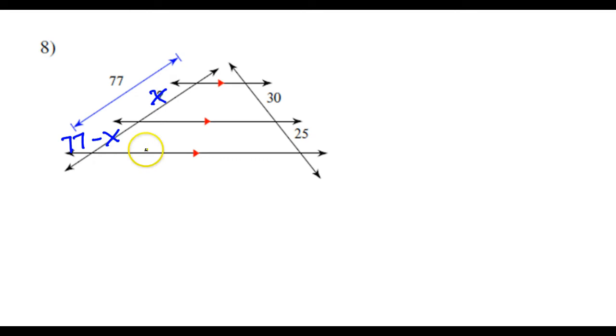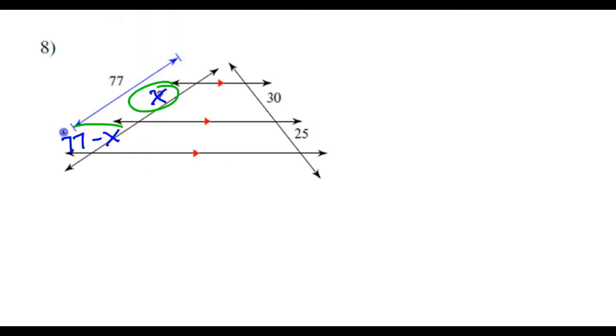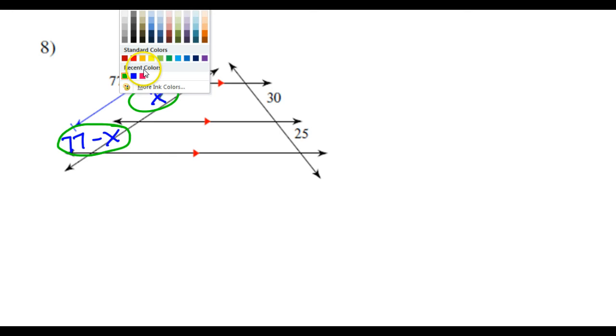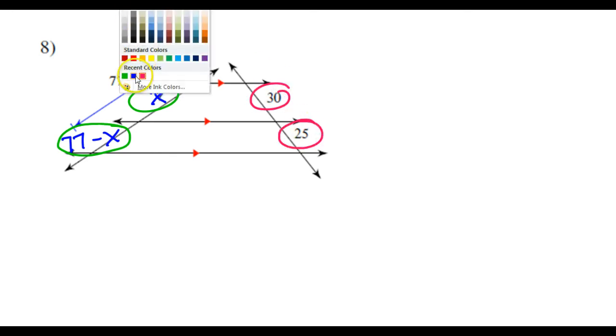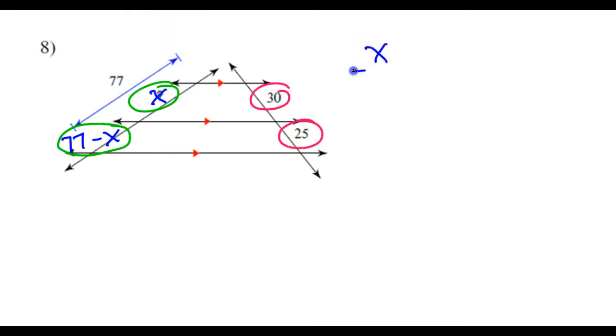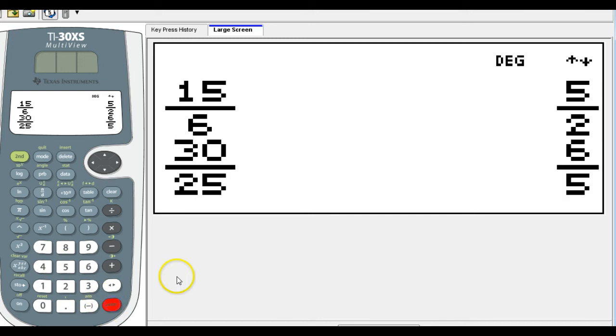So now, according to the side splitter theorem, this pair should be proportional to this pair. So that means x over 77 minus x should equal 30 over 25. These are divisible by 5. That's 6/5.